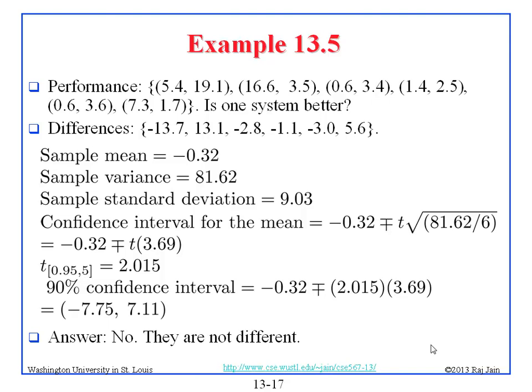On the second we got 16.6 and 3.5, and so on and so forth. So 1, 2, 3, 4, 5, 6 benchmarks. The differences are, clearly, you just subtract 5.4 minus 19.1, you get minus 13.7. And similarly the difference here, so you get 6 differences.